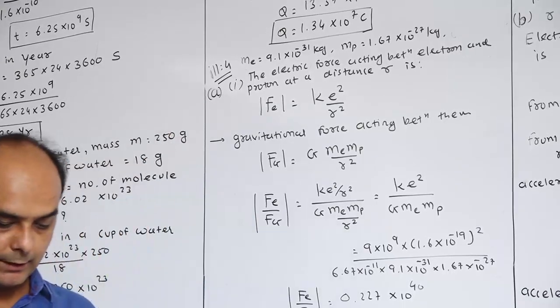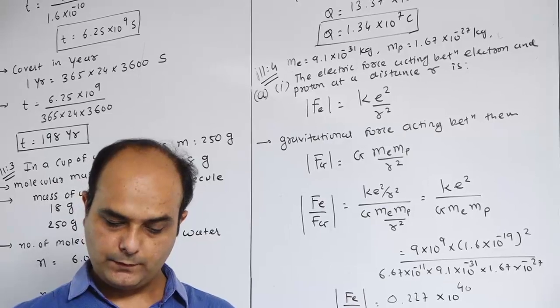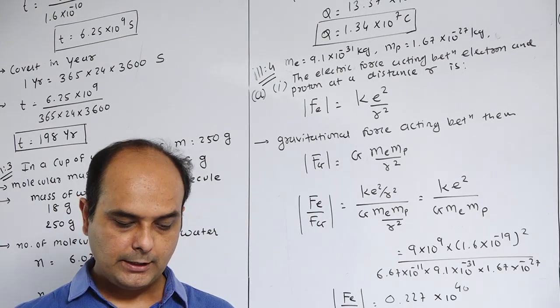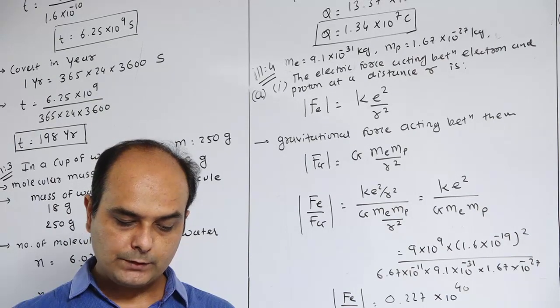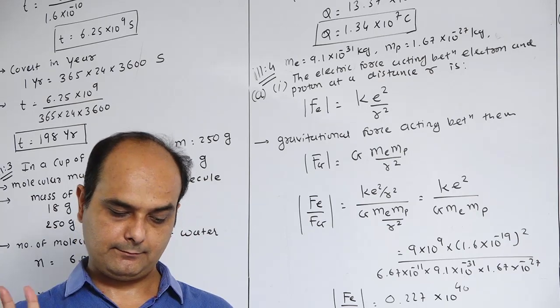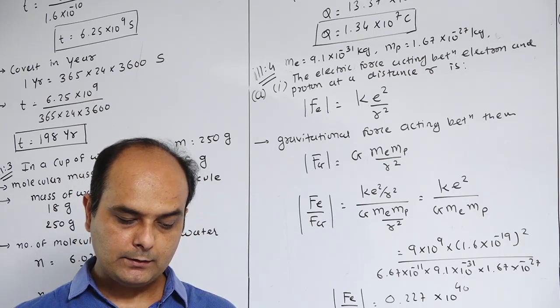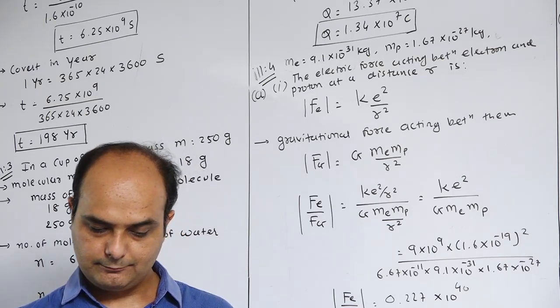The question is like this. Coulomb's law for electrostatic force between two point charges and Newton's law for the gravitational force between two stationary point masses both have an inverse square dependence on the distance between the charges and masses.